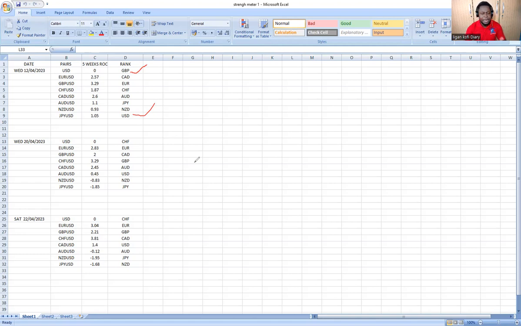Look for a minimum of 50 pips. Okay? Just don't go looking for much. Just go for 50 pips. Don't go for anything huge. Okay? Just 50 pips, and let's see what will be the outcome.